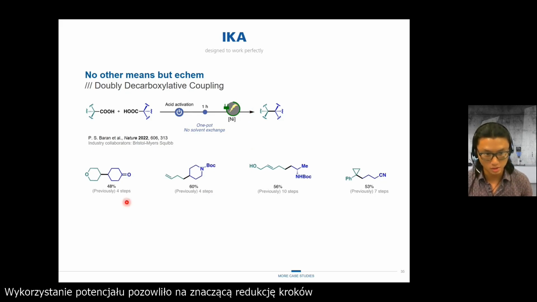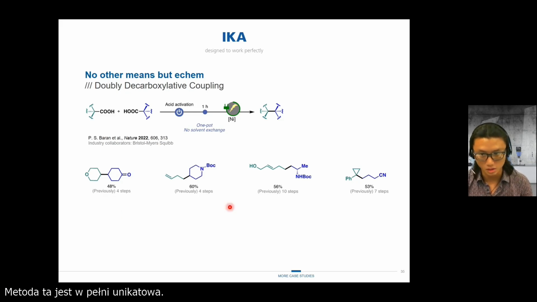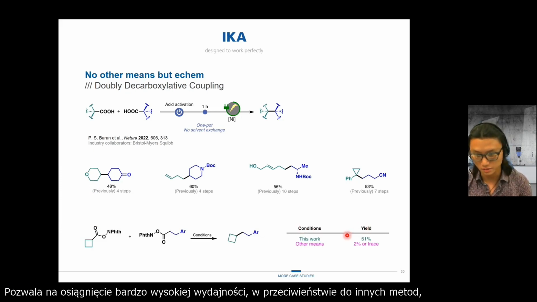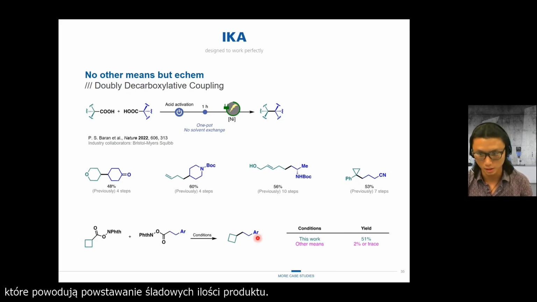With the help of electricity, they are able to reduce the step count very significantly. So here are some selected results. And in addition, they have also proved the uniqueness of this method. They are able to achieve very high yield, which in comparison, other means give you trace amounts of product.